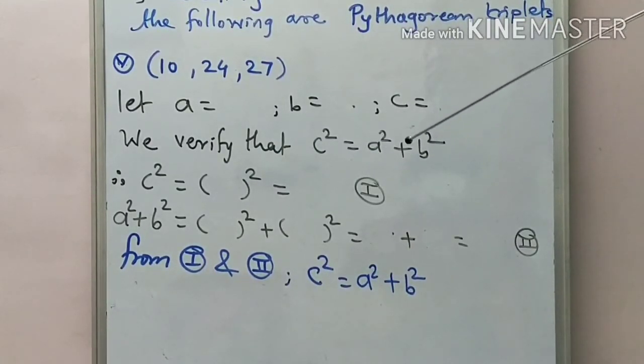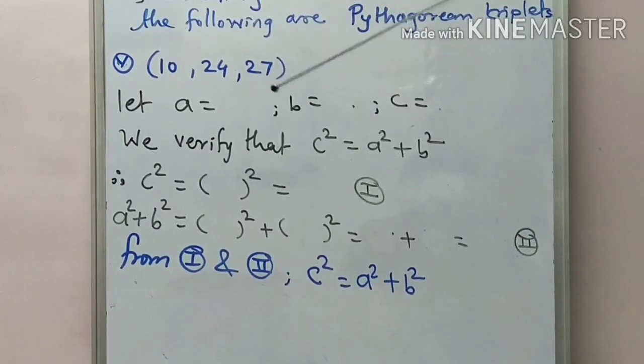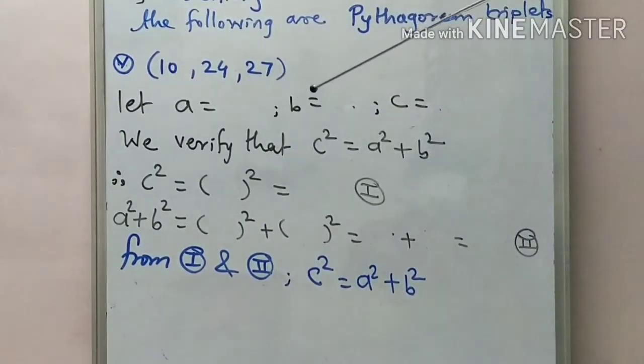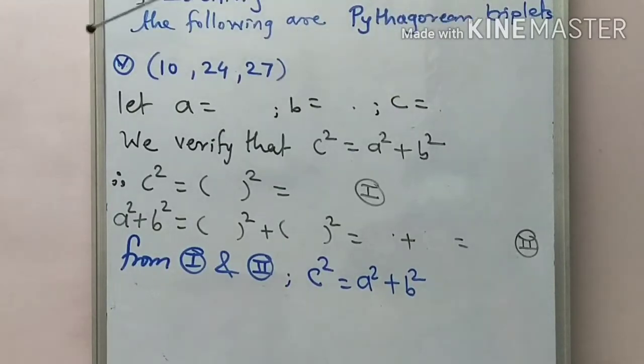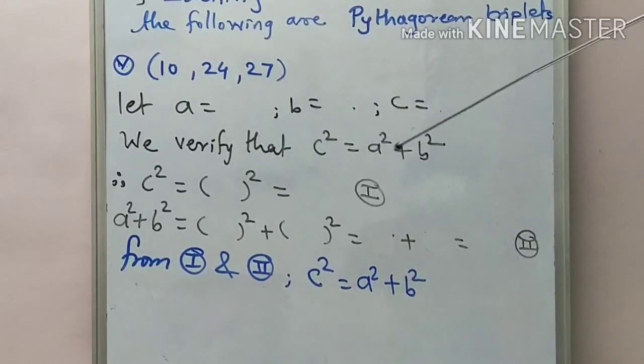If so, then again we can say that the given triplet is a Pythagorean triplet. And if we get that C square is not equal to A square plus B square, then we can say that the given triplet is not a Pythagorean triplet. So put those values over here and verify this property.